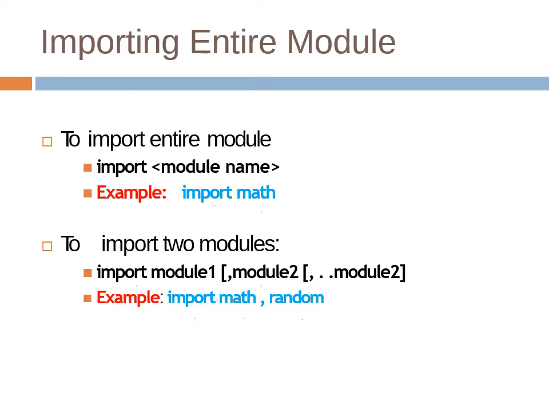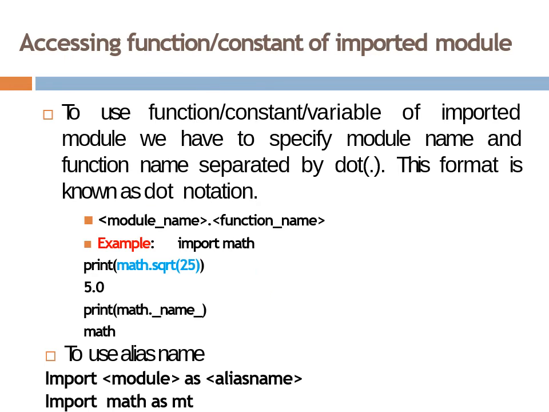Simultaneously, I'm importing two modules here. I require both modules for my file's working, so I've imported both. Now you know how to import one module or more than one module into your file according to your requirement.